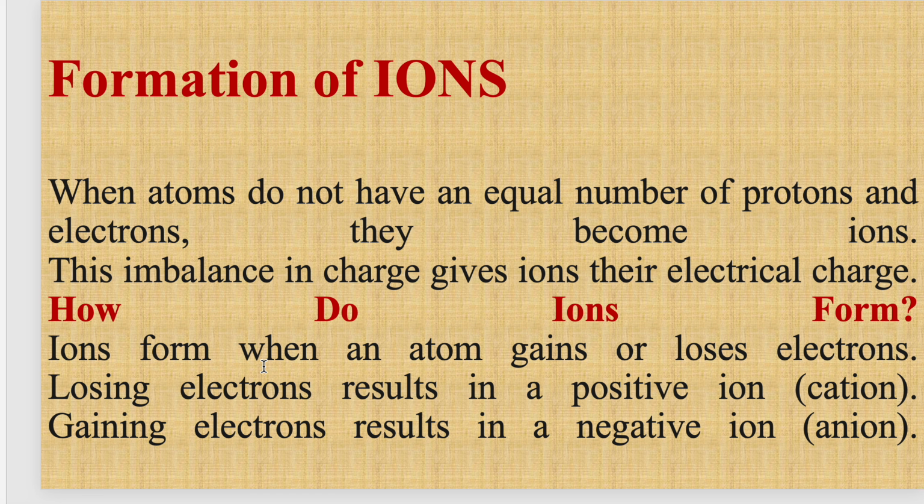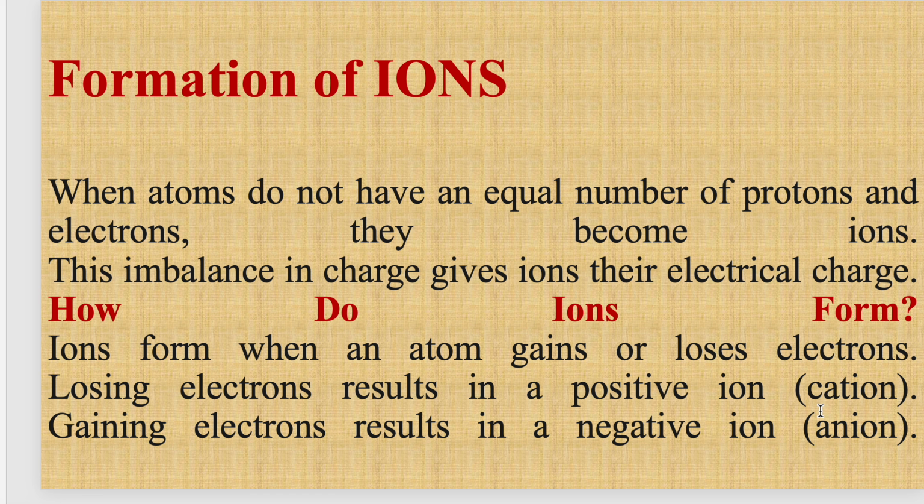Keep in mind how ions are formed: when an atom or a group of atoms gains or loses electrons, not protons. Losing electrons results in a positive ion and gaining electrons results in a negative ion.